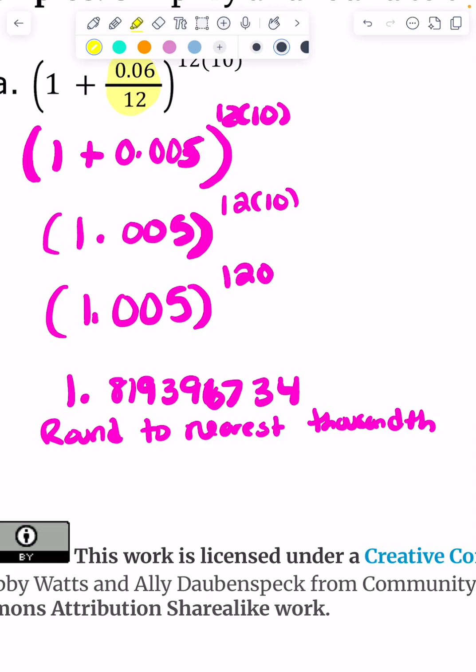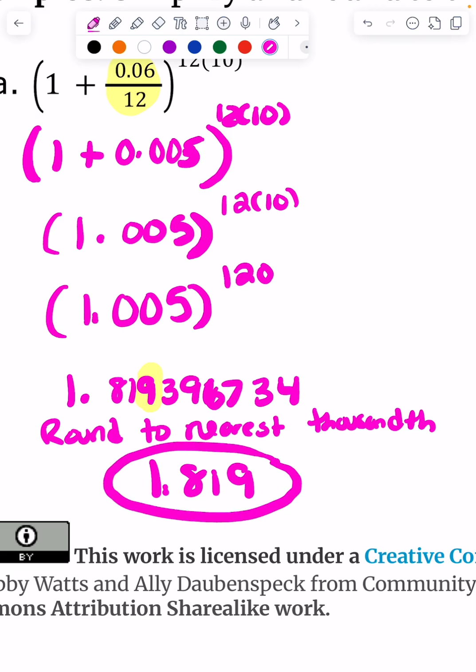So that would be this 9 right here. It doesn't really make it more interesting. Whatever. All right, so the rounding neighbor is 3. 3 is not greater than or equal to 5, so the answer would just be 1.819. Okay.